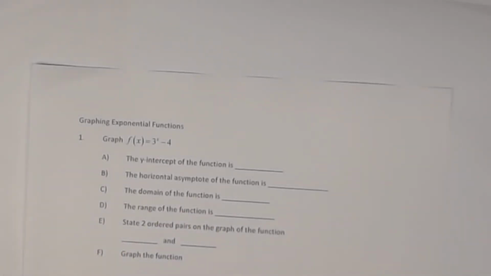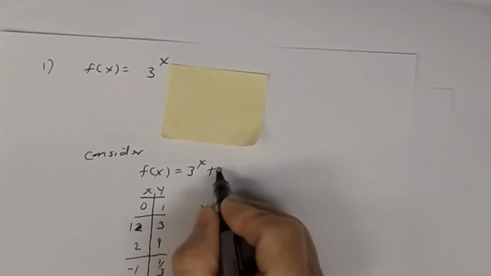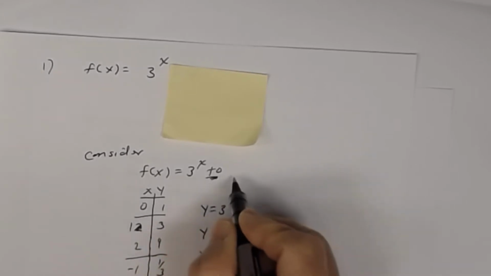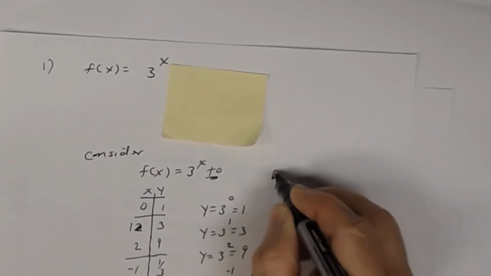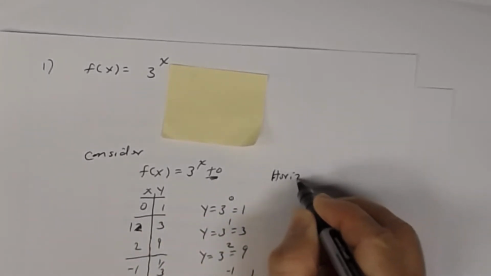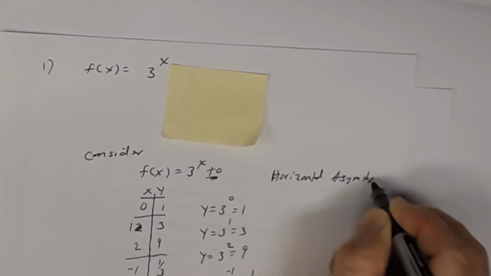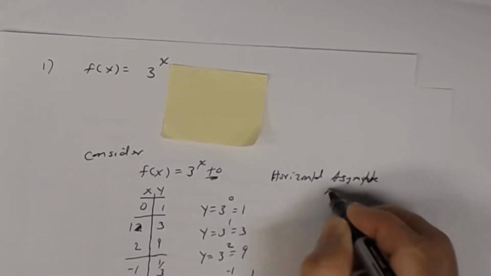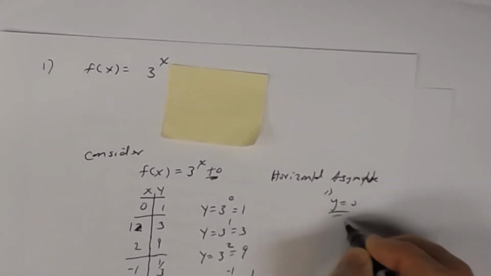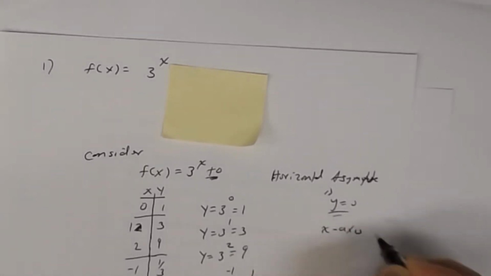Now remember, when we graphed 3 to the x, it was plus 0, right? And so your horizontal asymptote there is y equals 0, which is the x-axis. And that's what I graphed here.